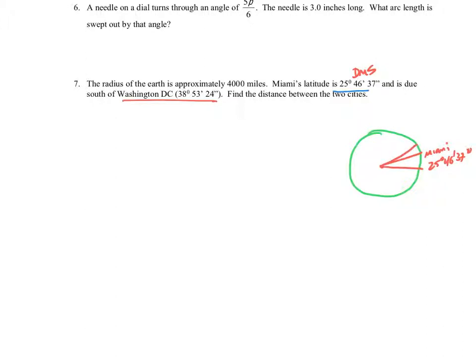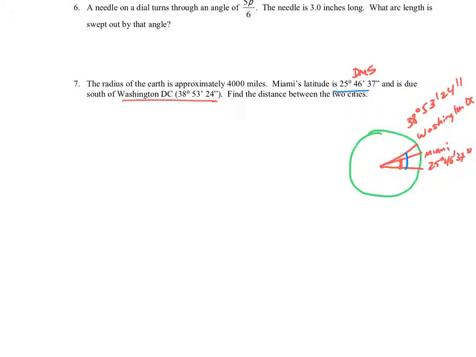So let's say this is Washington, D.C., and its latitude is 38 degrees, 53 minutes, and 24 seconds. That's the angle for Washington, D.C., and the angle for Miami is this smaller angle here.